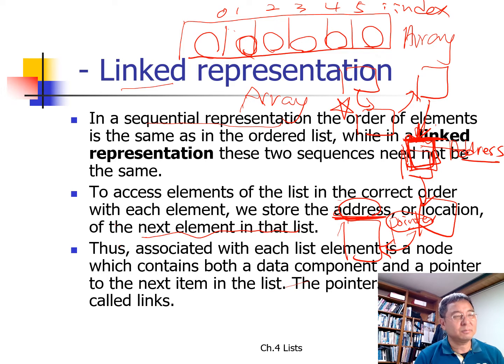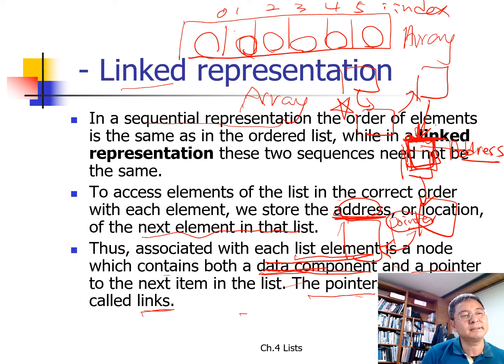That is represented as a link in the linked representation. In a list element, each element usually contains both a data component and a pointer component. The data component is our necessary data attribute, and the pointer is used to mark what the next element in the list is. These pointers are called links.